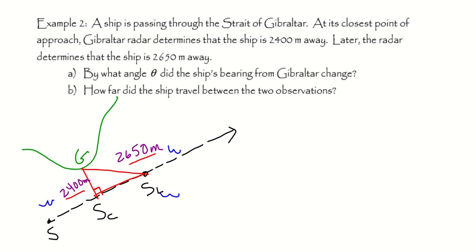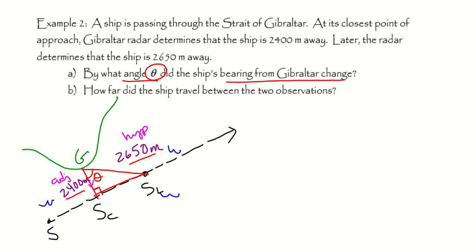The question is, by what angle, theta, did the ship's bearing from Gibraltar change? From Gibraltar, the angle we're talking about would be this. So that's my theta that I'm trying to solve. What do I know? I have my hypotenuse, and for this angle, I have its adjacent side.